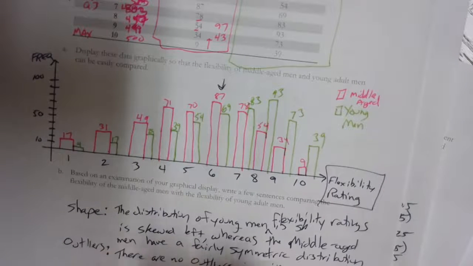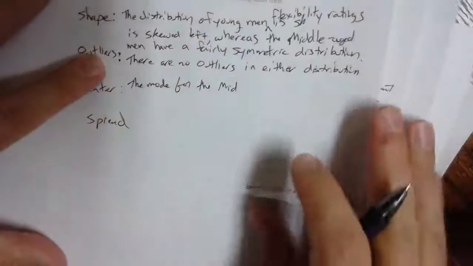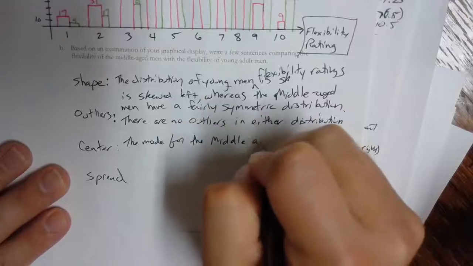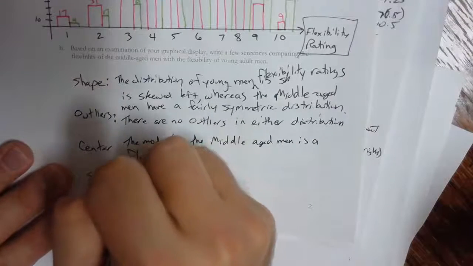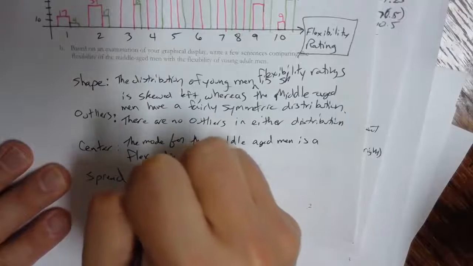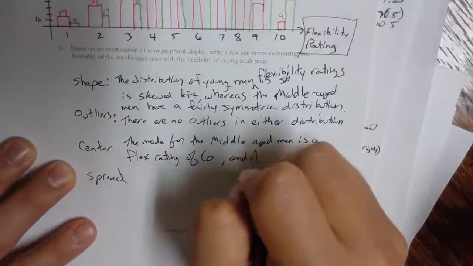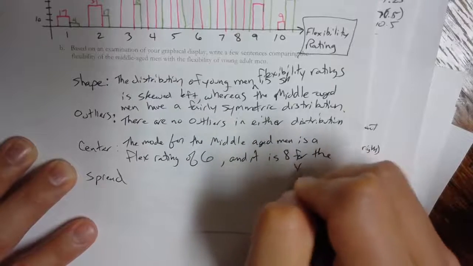The mode for the middle-aged men is a flex rating of 6, and it is 8 for the young men.